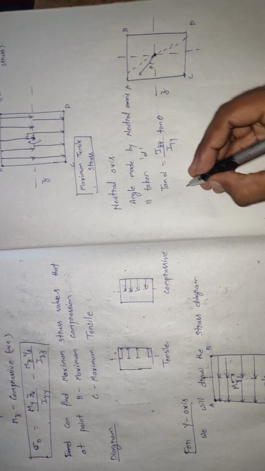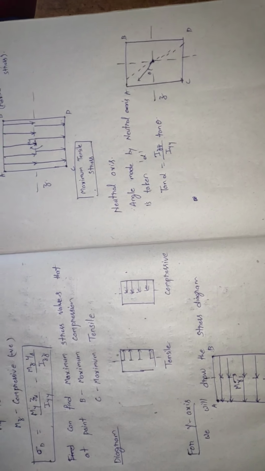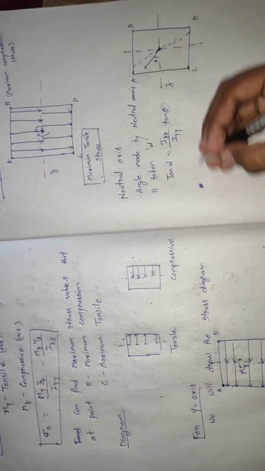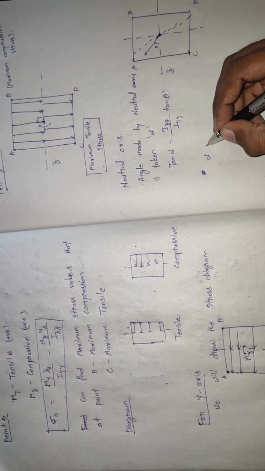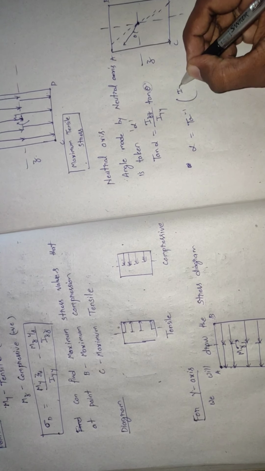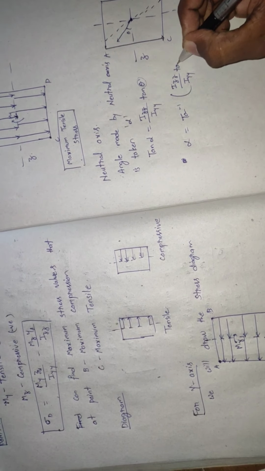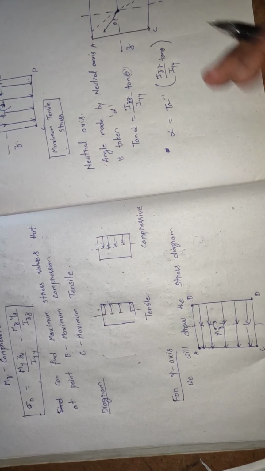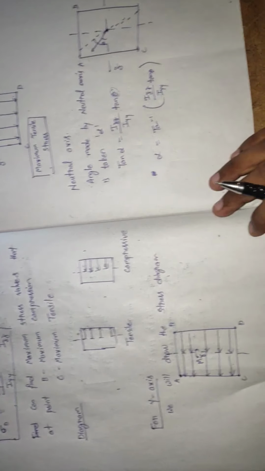Using this relation, we know the values of Izz and Iyy and theta angle, so that we can find the alpha value, that is equal to tan inverse of Izz by Iyy tan theta. By using this, we will get the neutral axis.